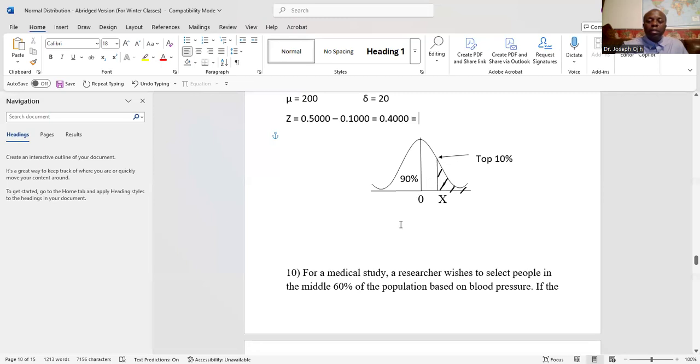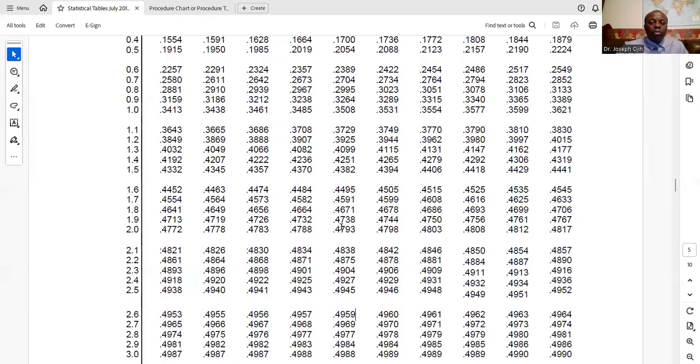Now you go to the table of normal distribution, and this time you look inside the table for 0.4000. When we do that, what do we find? We have two numbers closest, 0.3999 and 0.4015. Let's check both of them.